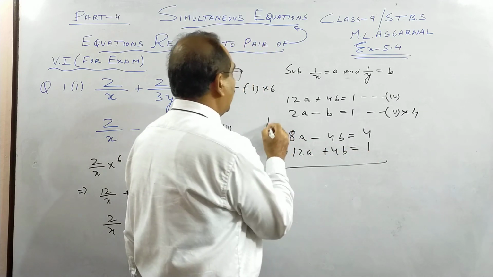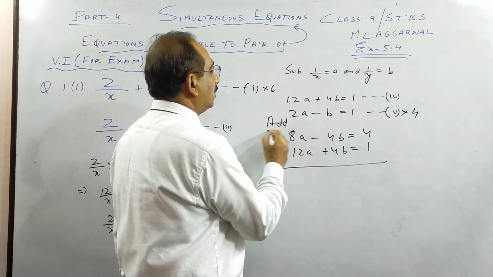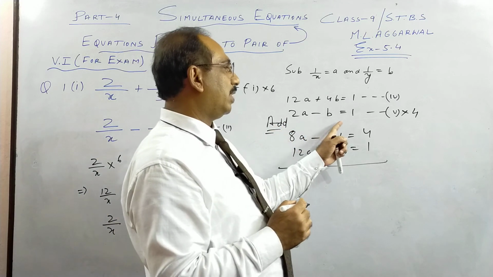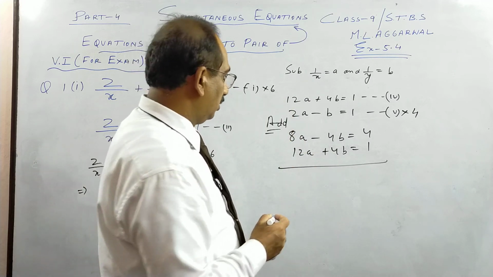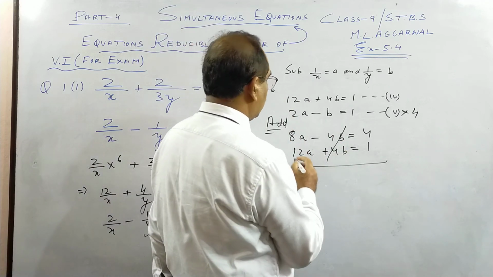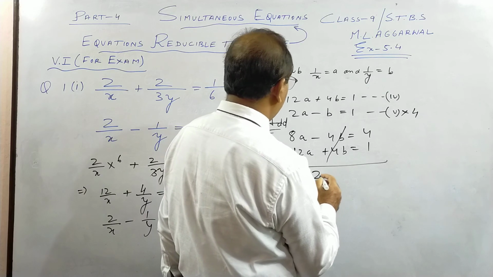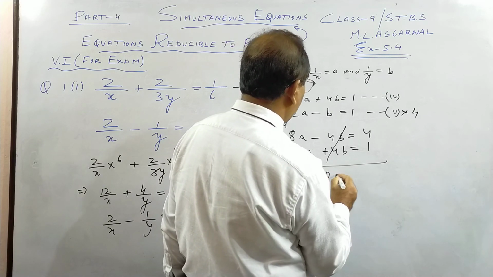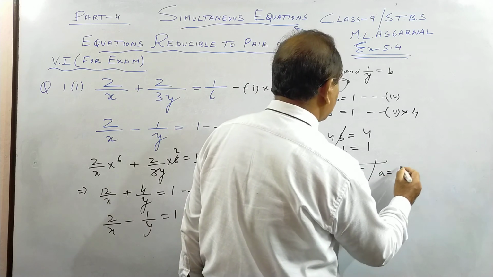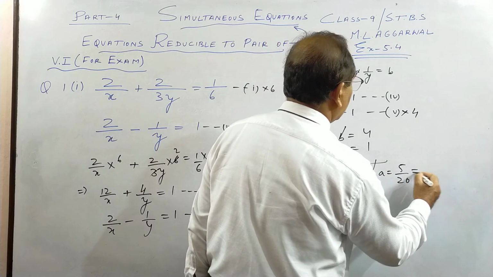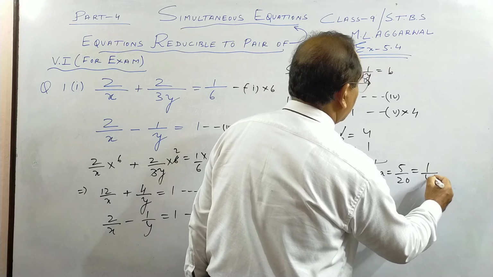Now let us add. What will you write, children? Multiplying equation 5 by 4 and adding to equation 4. So this will cancel and we will get 20a is equal to 5. So a is equal to 5 by 20, which is 1 by 4.